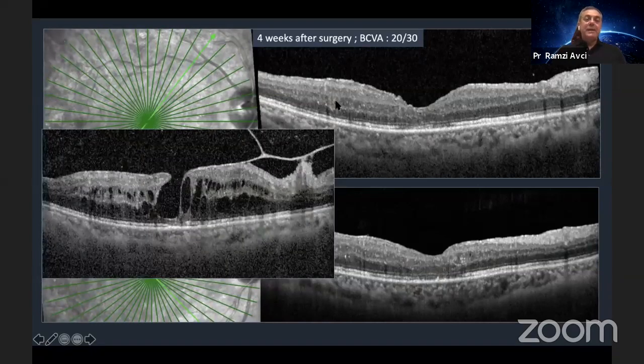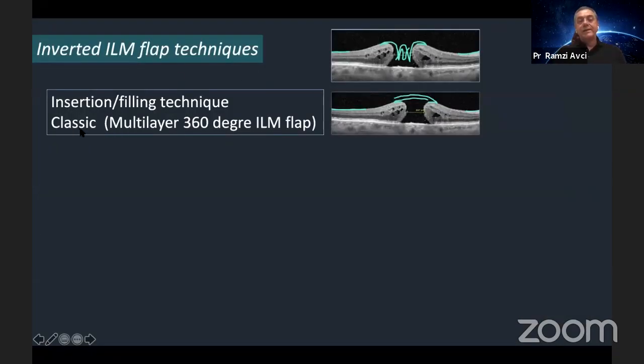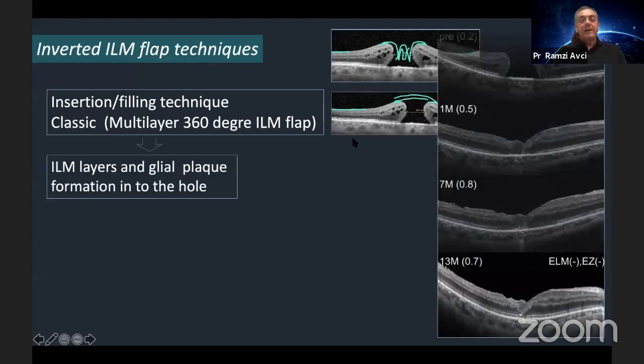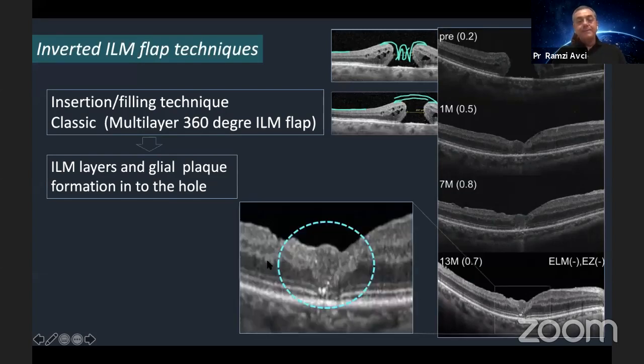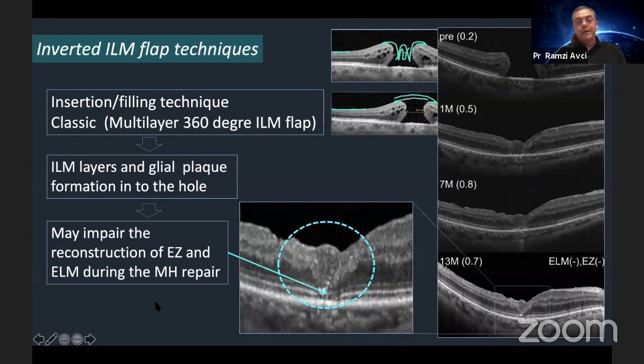So the ILM flap technique versus the insertion technique, a classical multi-layer technique. In the insertion technique the ILM is tucked into the hole, and also in the classic multi-layer technique the ILM may go into the hole. However, these ILM layers and also glial plaque formation in the hole may impair the reconstruction of the ellipsoid zone and external limiting membrane during macular repair, and this may affect the functional results.